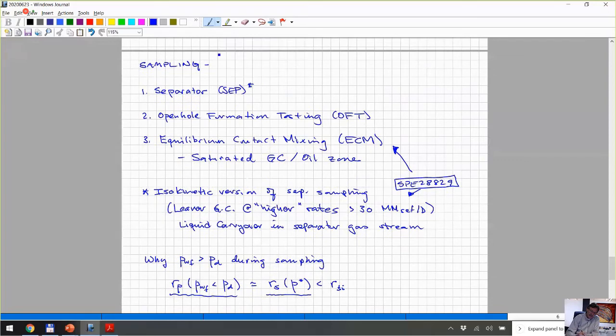So the sampling is for two purposes. The first is just getting PVT data of not contaminated samples for EOS building.